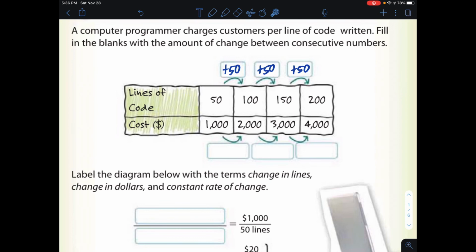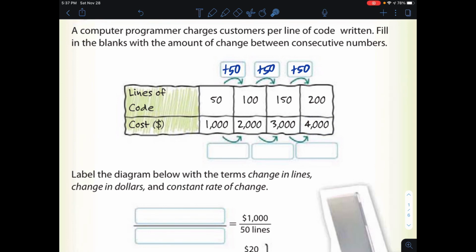Let's look at the cost then. For 50 lines of code written, the cost is $1,000. For 100 lines of code written, the cost is $2,000. 150 lines written, $3,000. 200 lines written, the cost is $4,000.